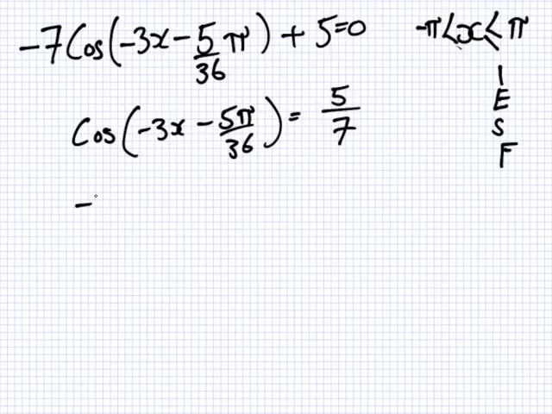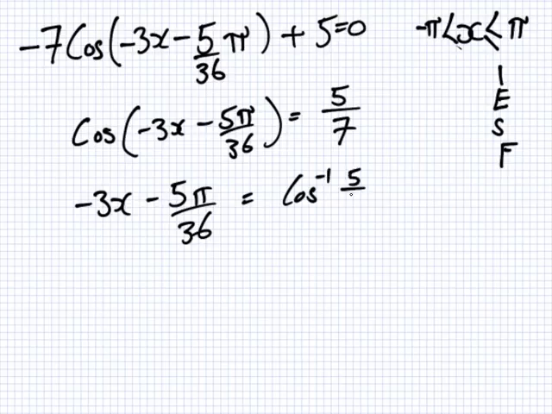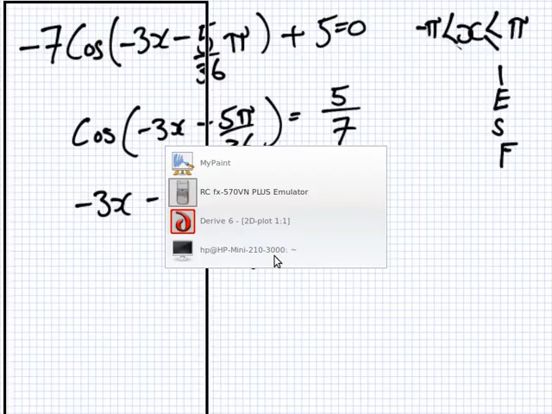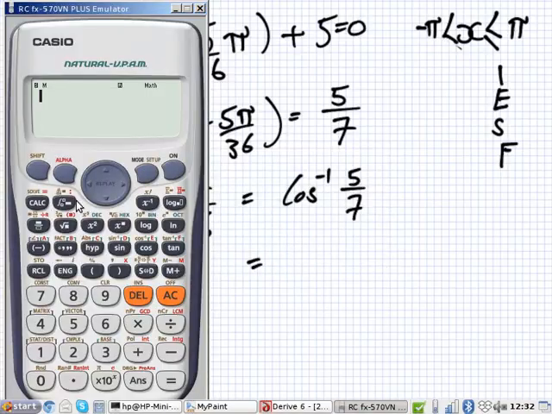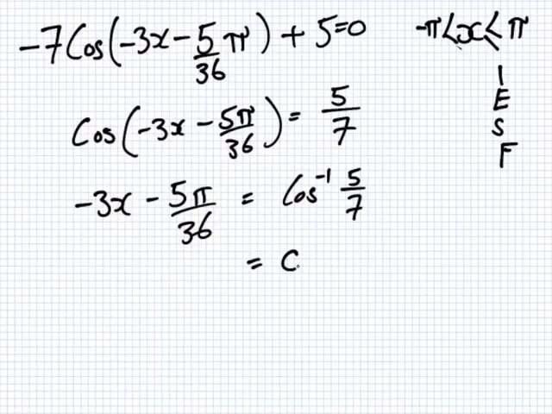So I have minus 3x minus 5 pi over 36 equals cos inverse 5 over 7, which equals, now, cos inverse 5 over 7, 0.7752. I have done the first step.